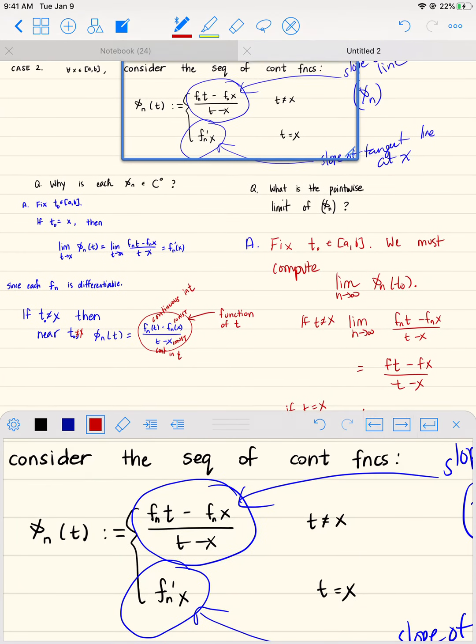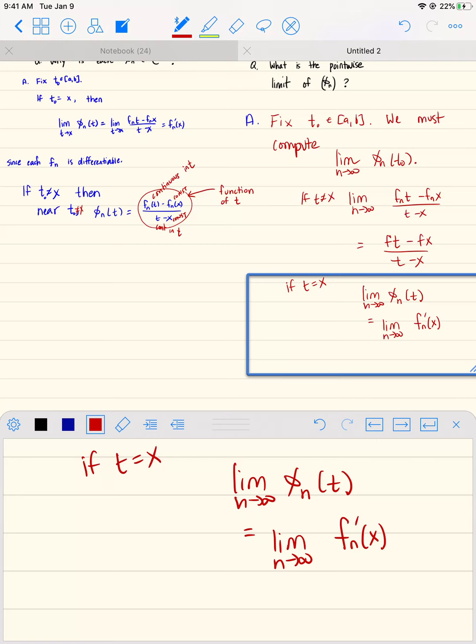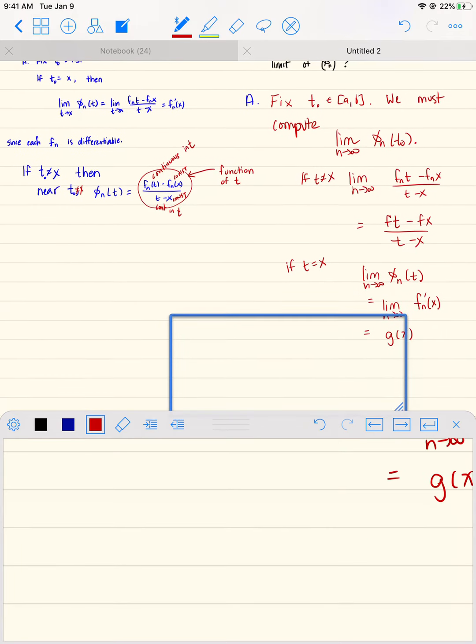And the fn primes are supposed to converge to g, so this should be just g of x.